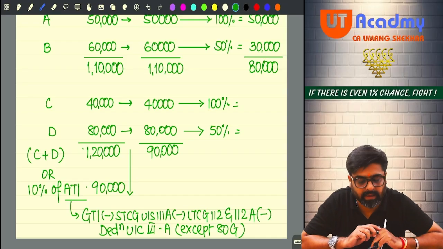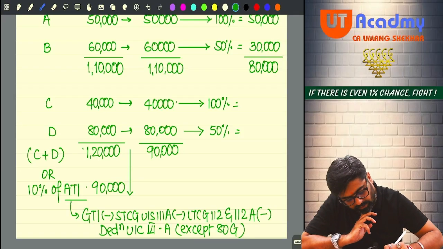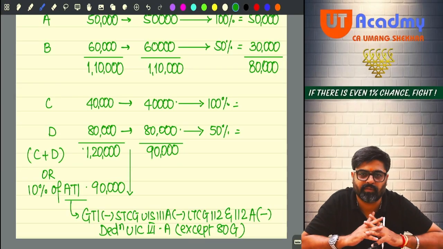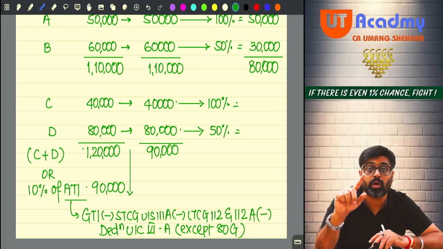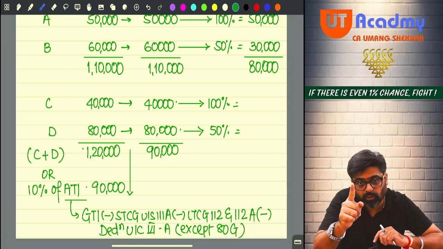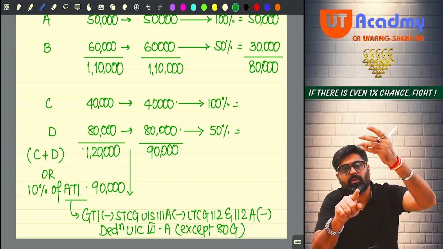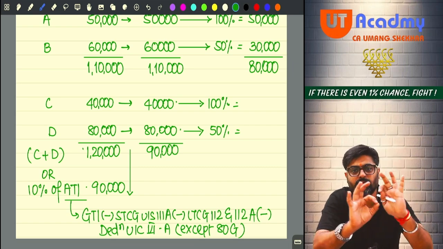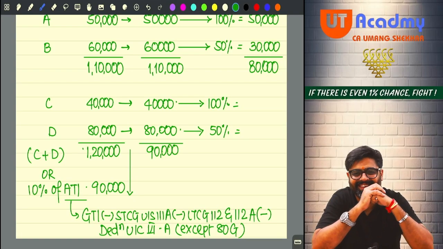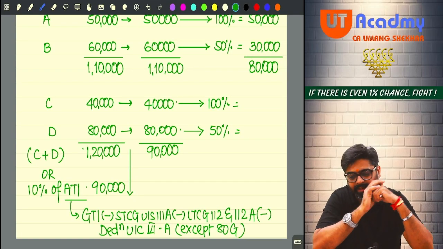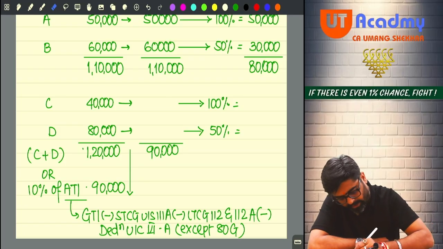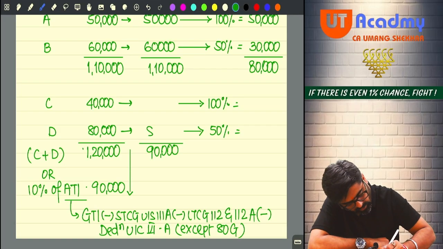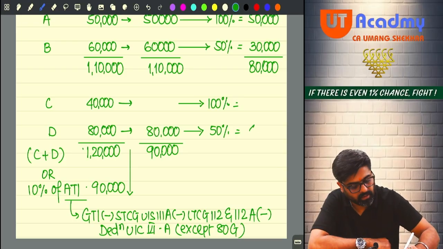And if you are qualifying 90,000, then this 40,000 in full and this 80,000 in full cannot qualify. Either 40,000 will qualify and 50,000 from category D, or 80,000 from category D and 10,000 from category C. Which one would you prefer? If you qualify the entire 80,000 from D, out of that you get only 50%, meaning 40,000.